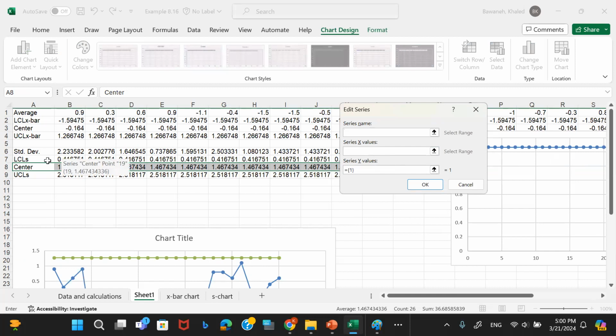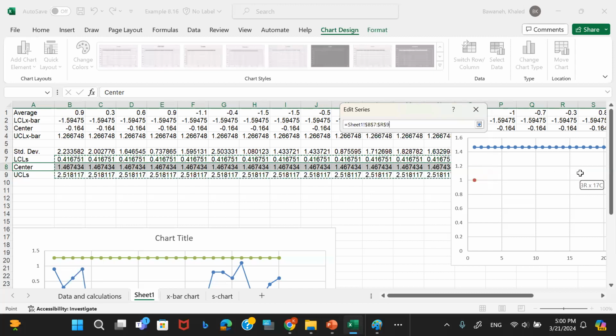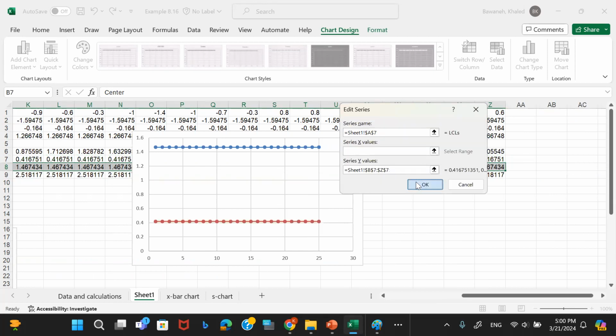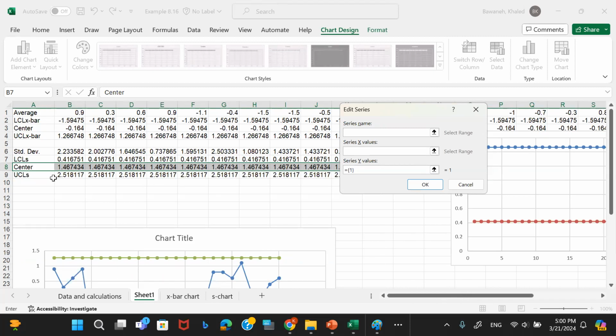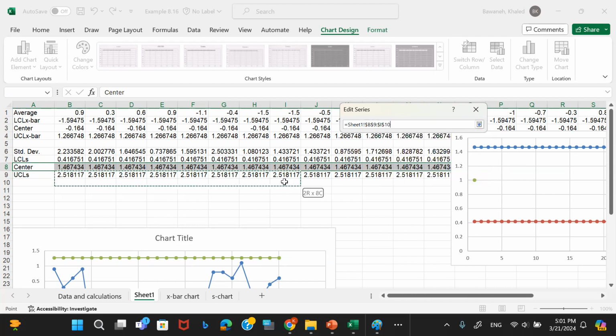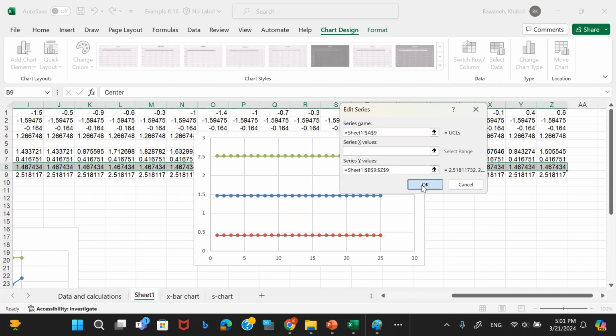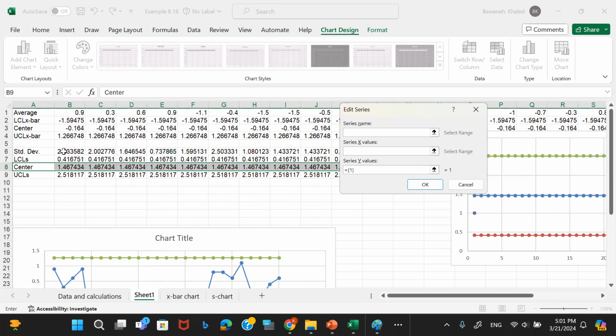Add the lower control limit, add the upper control limit, and the standard deviation.